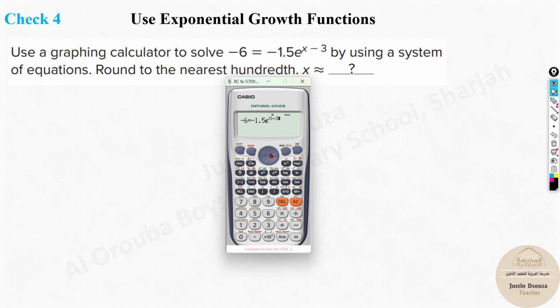Okay, I am not able to get this. Shift and solve. Let me just clear the calculator. Okay, because it's two negative numbers, I believe it's negative 6 equals negative 1.5 multiplied with e to the power alpha x minus 3, shift and solve, you'll get the answer.